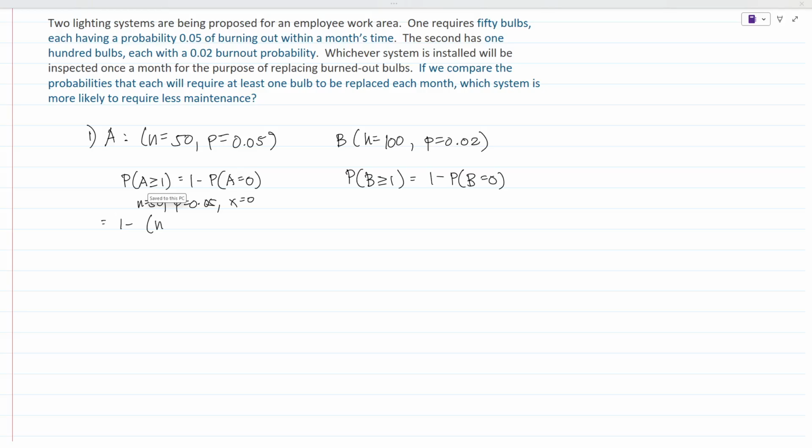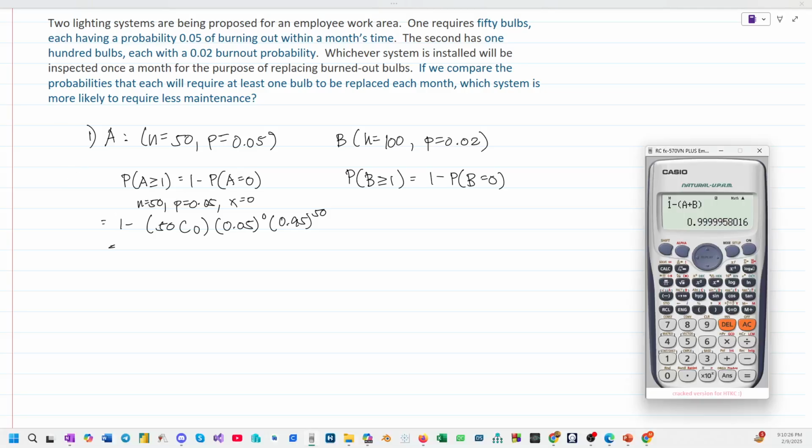Solve na natin dito. N is equals to 50. Combination of 0. Correct? Probability of success 0.05 raised to 0. And then 0.95 raised to 50. Yan. So, equal siya sa what? Kaya ba ng calculator ko yun?